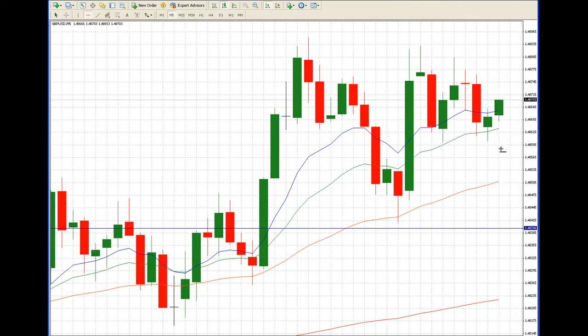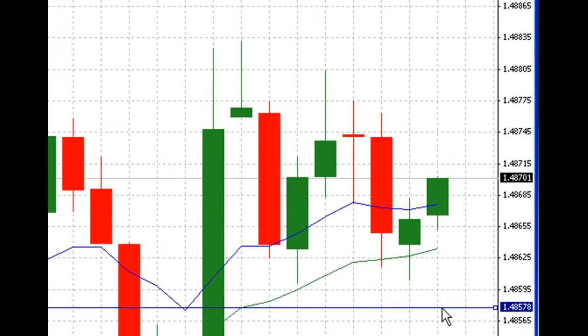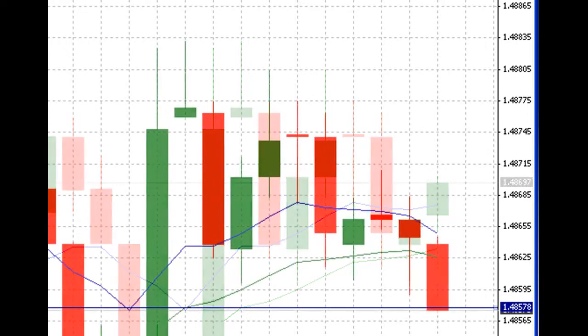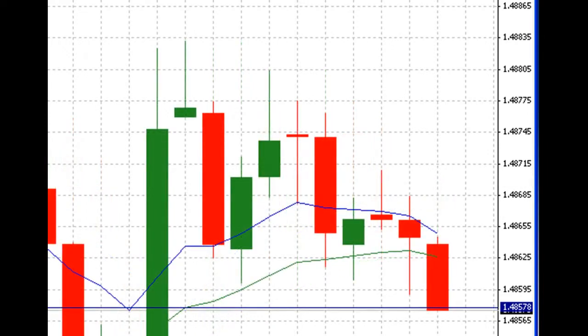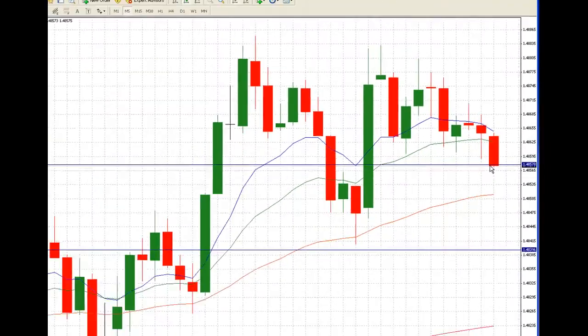If price does come down to 5.9, then we would be entering for a long. So let's wait and see what happens here. So we seem to be getting into our entry price right now.